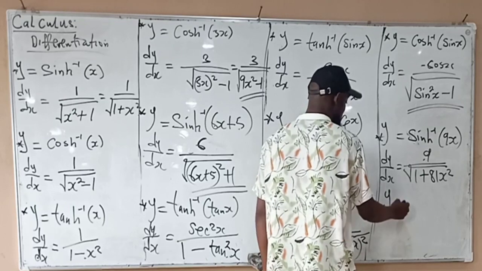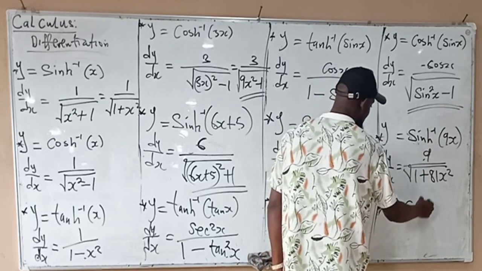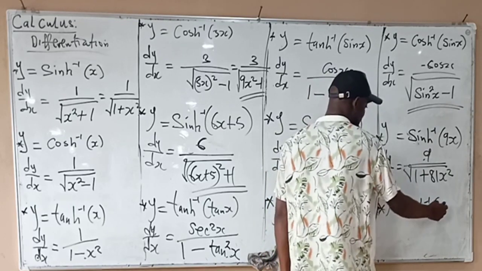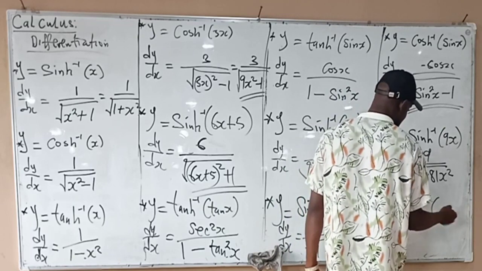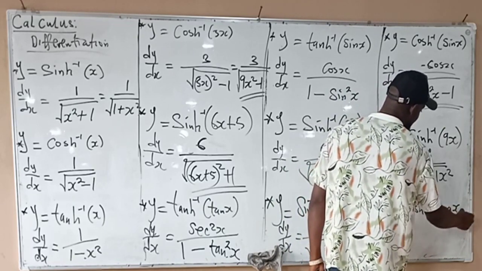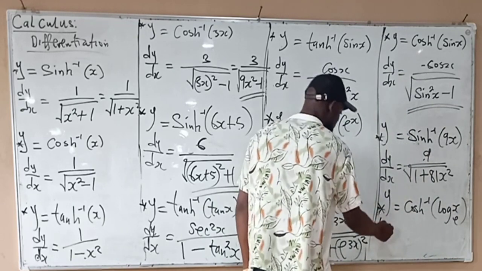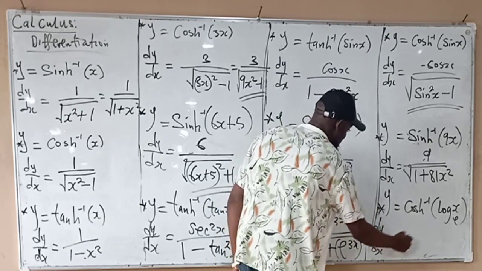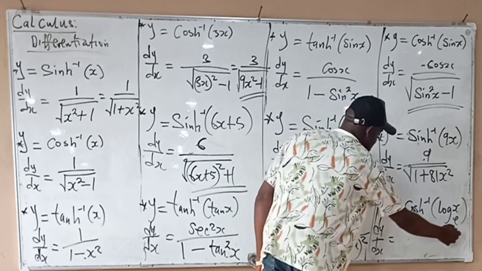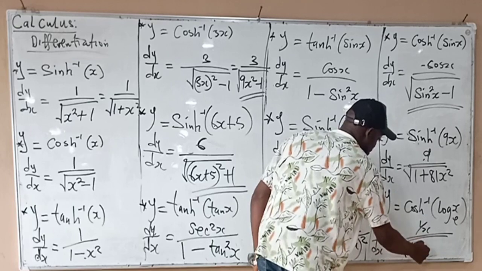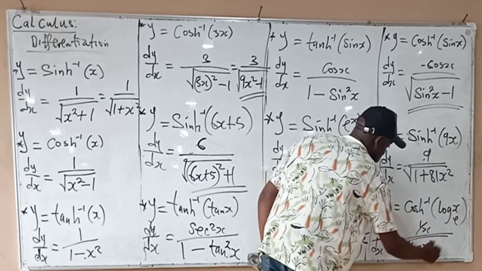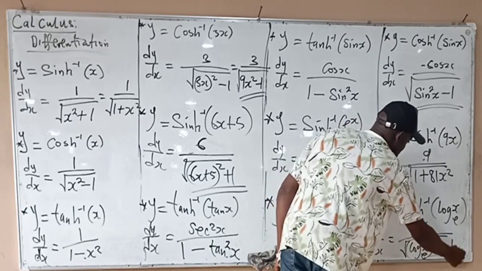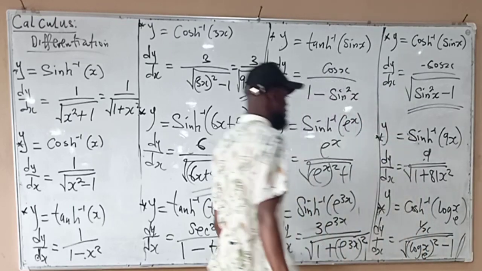If y is equal to cos inverse of log x to base e, dy over dx will be 1 over x over the square root of log x squared minus 1.